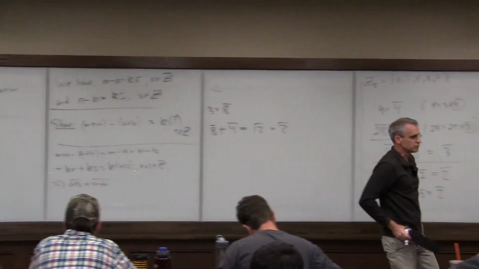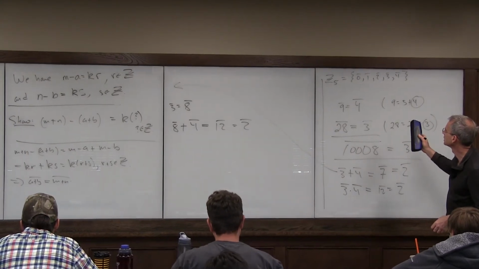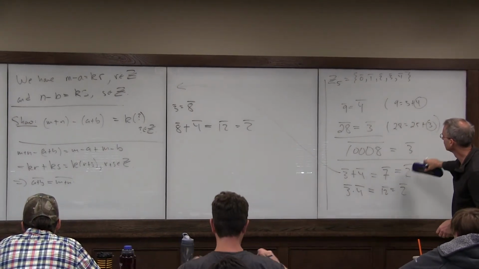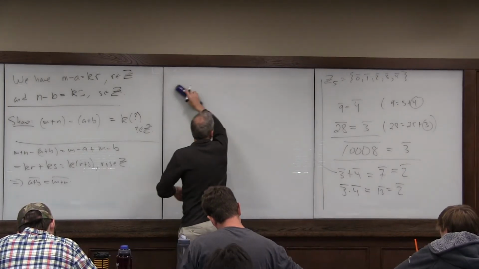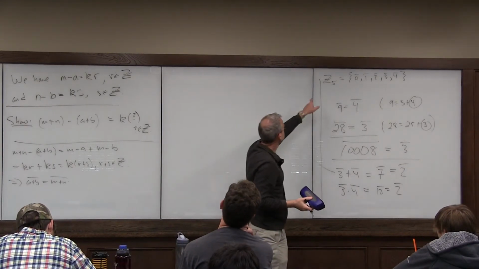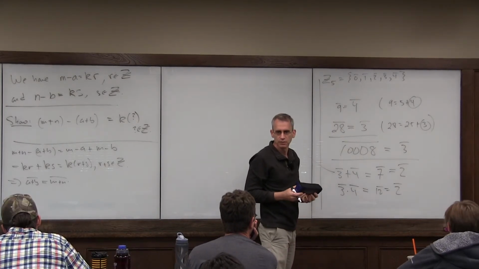Sorry, we're running just a little bit out of time here. I just wanted to check a couple things with z. And you'll check that multiplication is well defined also. That's one of your exercises. And so what I want to check here very quickly is that z mod 5, z5, is a field.